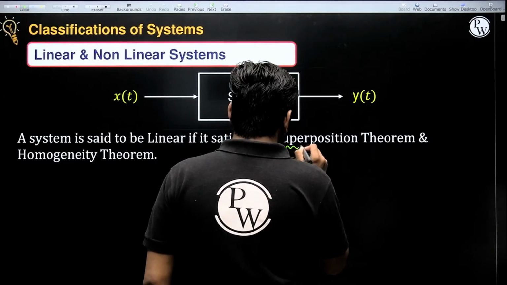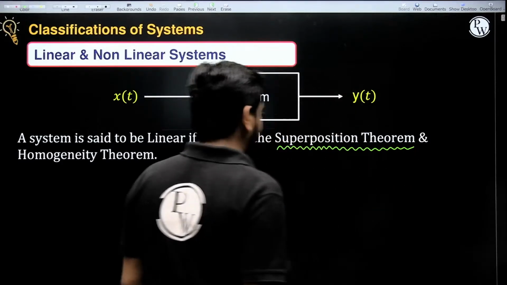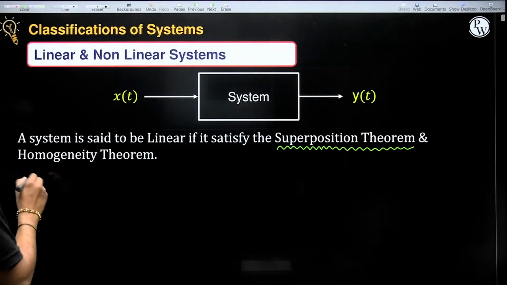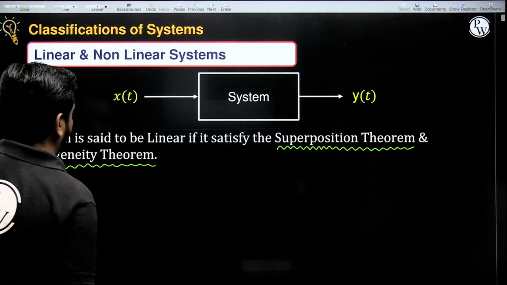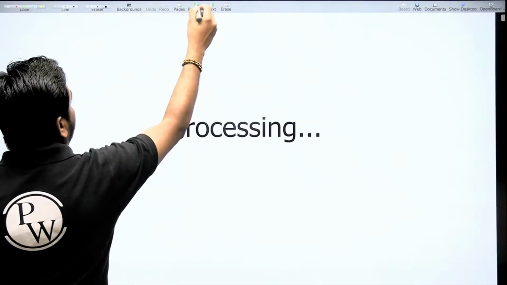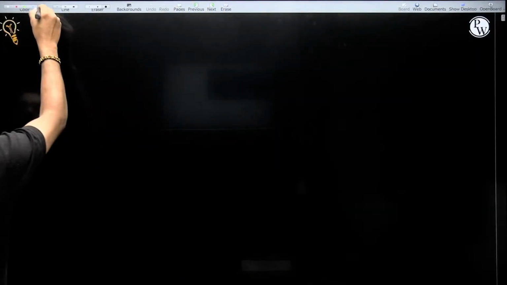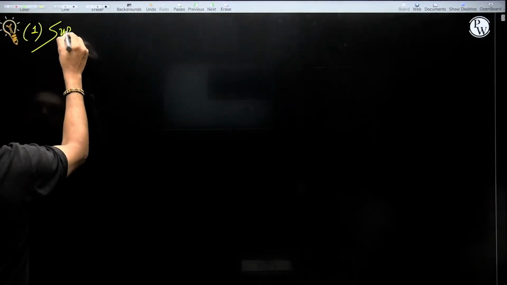What is the superposition theorem, and how do we check whether the given system satisfies it or not? Similarly, the homogeneity theorem. First, I will take superposition.